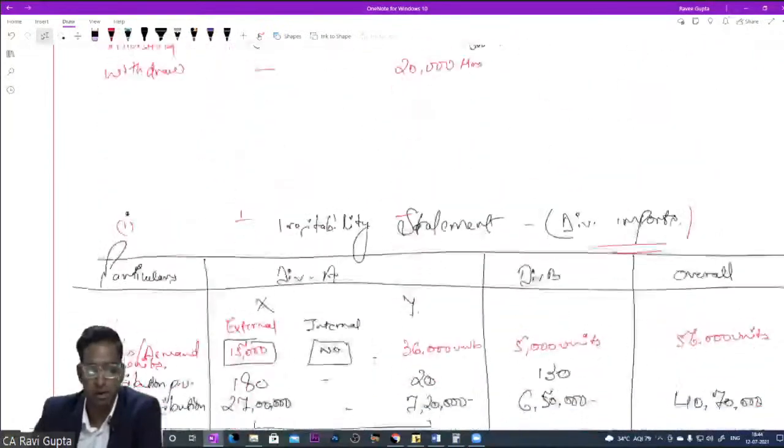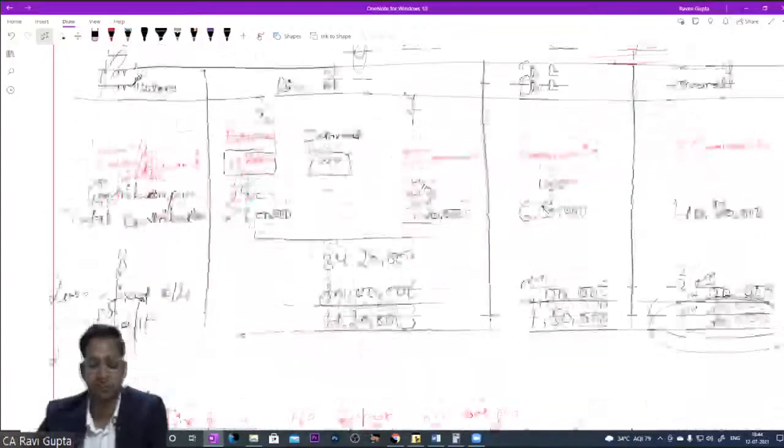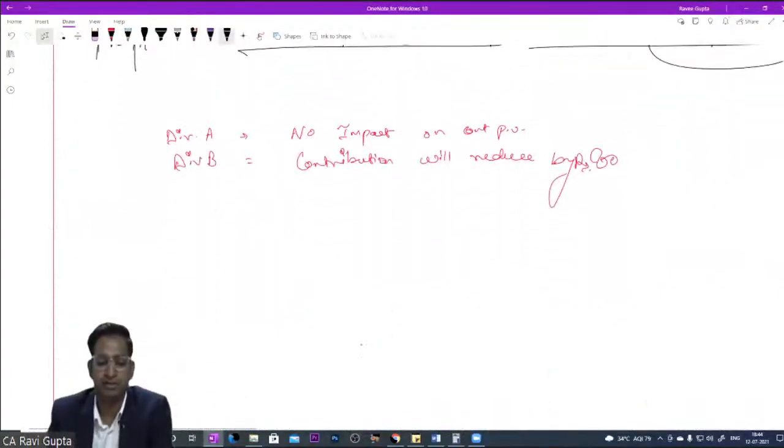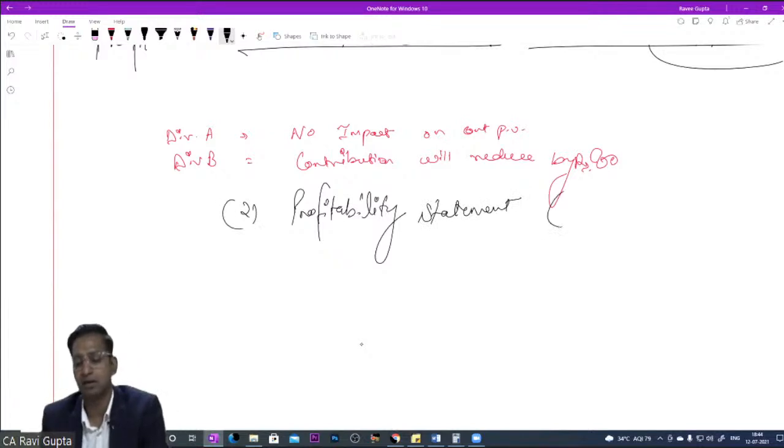Now we are going to prepare a statement, the profitability statement. This is part two: when the transfer price is the market price.